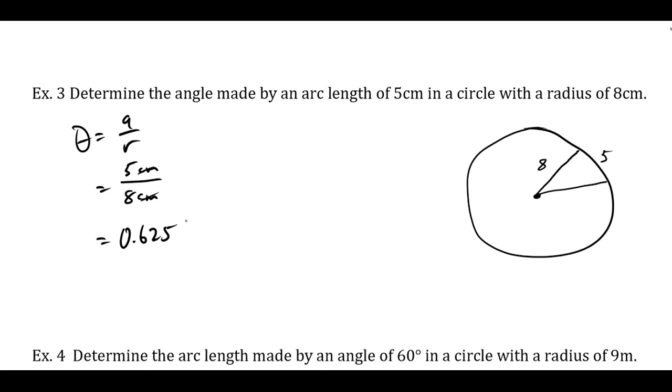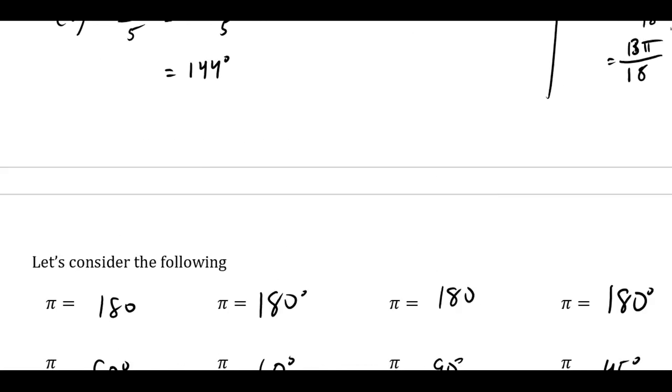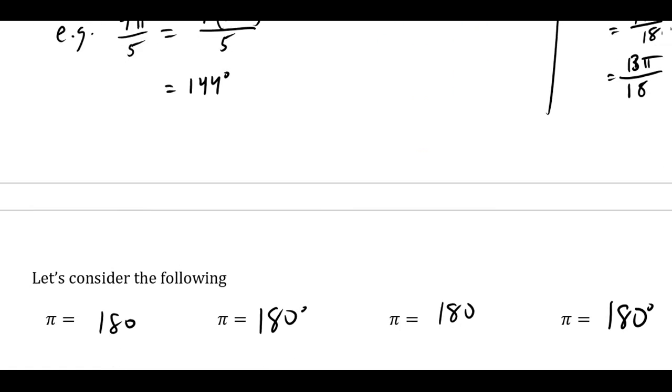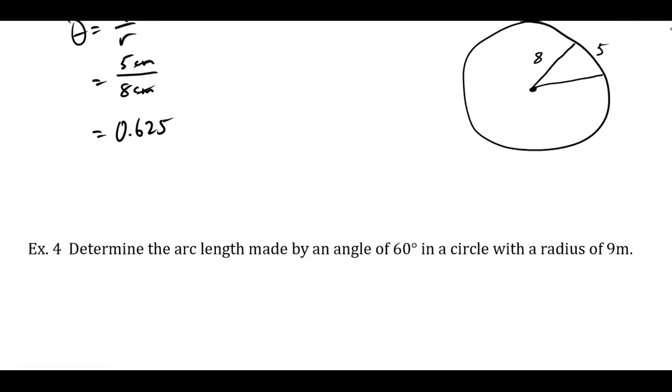Multiply by 180 over pi, if you had to. If there is no pi in the question, remember up here it's easy to just replace 180 with pi, but what we're actually doing is multiplying by 180 over pi, and the pi's cancel. If you can't do that for some reason, then you just go back to the fundamental things.